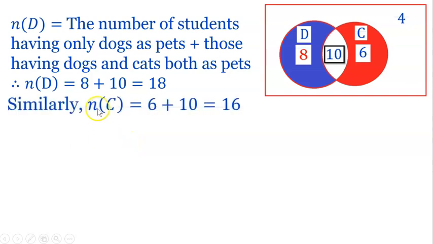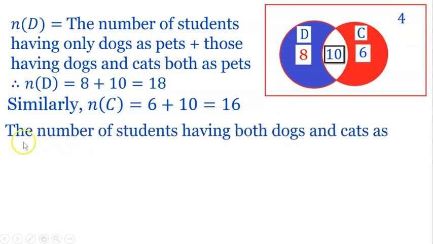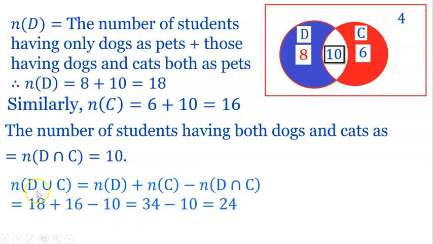Next, similarly, N of C is equals to 6 plus 10, and that is equals to 16. The number of the students having both dogs and cat as pets, that is the N of D intersection C, is equals to 10. Therefore, N of D union C is equals to N of D plus N of C minus N of D intersection C. म्हणजे त्यामध्ये असणारे डॉग ॲज वेल ॲज कॅट असणारे नंबर ऑफ द स्टुडंट किती आहेत ते आपल्याला शोधायचं आहे.